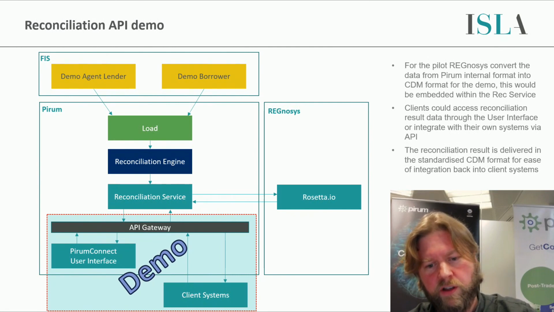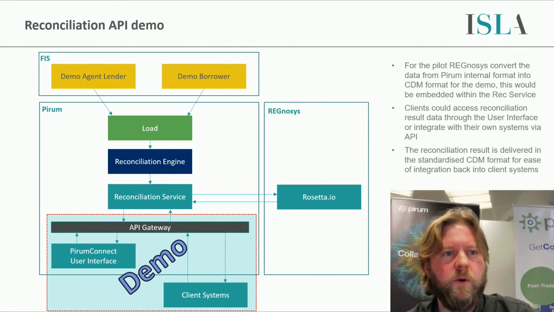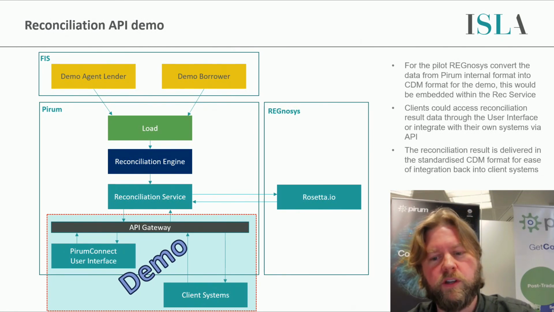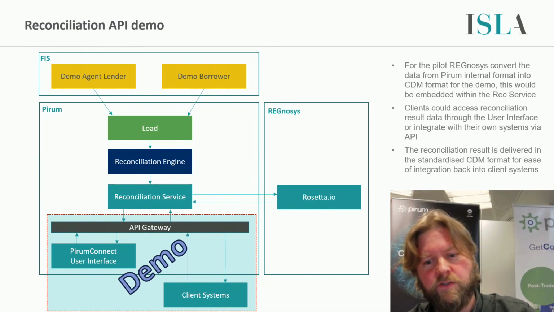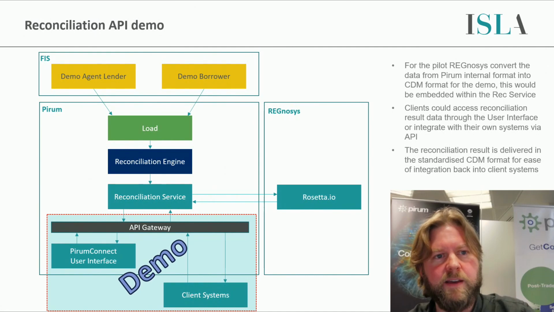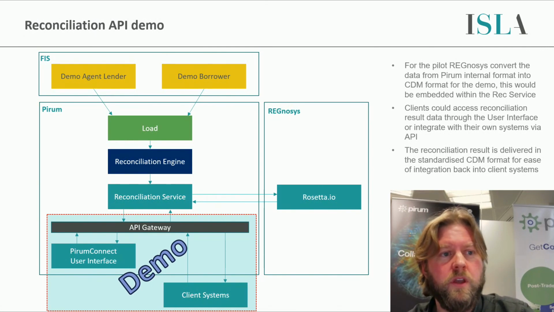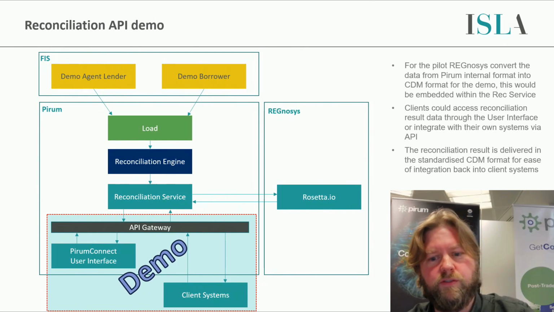Either via our user interface, which is what people do right now, and what we're trialing here is how people could connect in from their own systems, connect into our API gateway, and then the results that they receive back through the API gateway will be in CDM format. So given that that's a common format, it should be much easier for clients to integrate and to work within their own systems. So I'm now going to hand over to Luis Vincente, who's going to run through the demo.